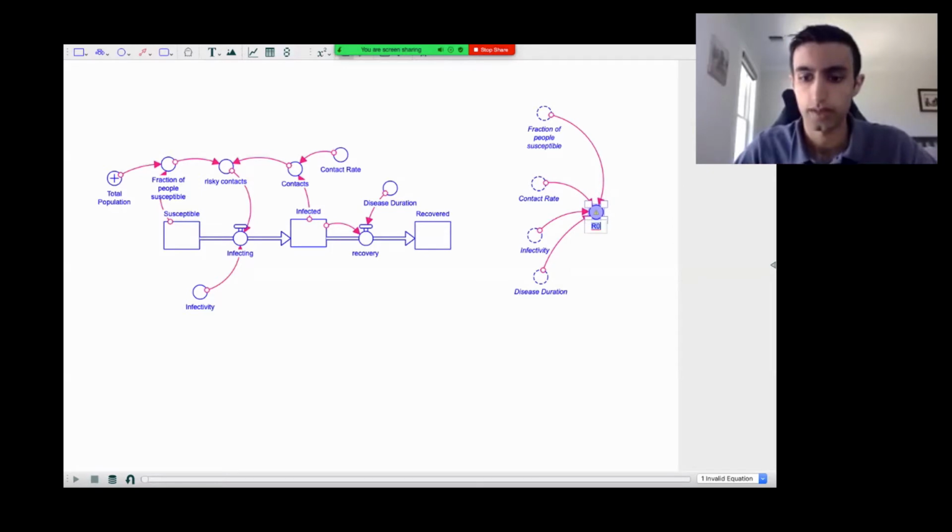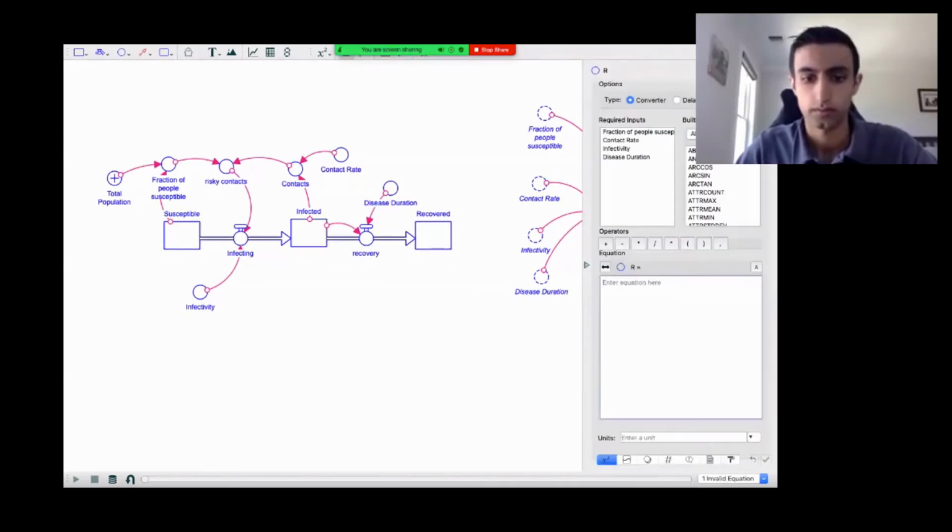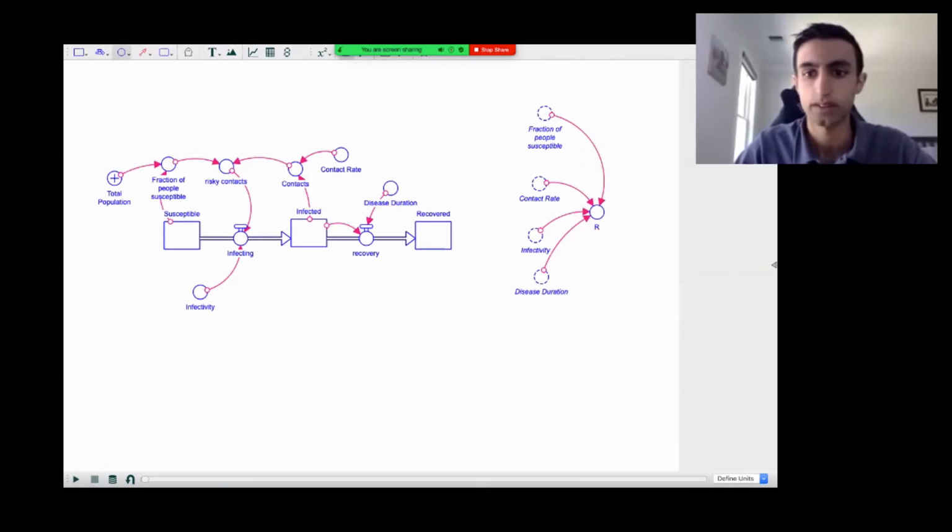And actually, this is just R, because although contact rate, infectivity, and disease duration are constants, fraction of people susceptible changes as the model is run. So you just multiply these together, we get the R value, and then what we actually care about is the initial, the R naught. So we'll just take the initial of this value.